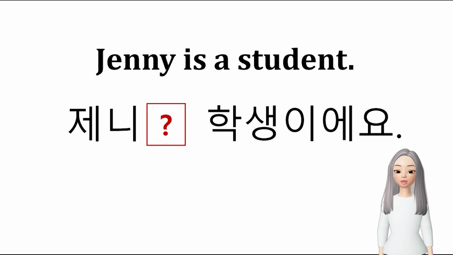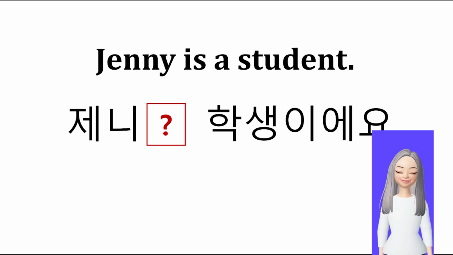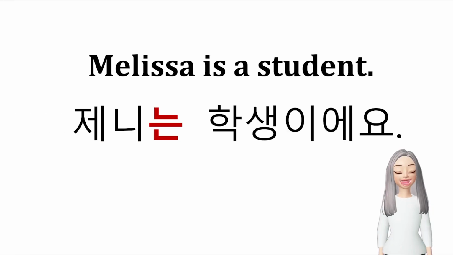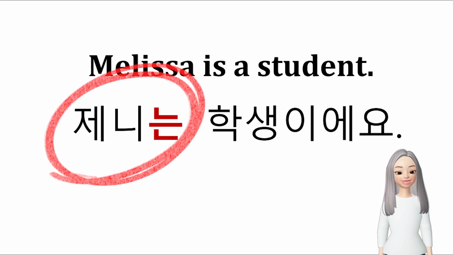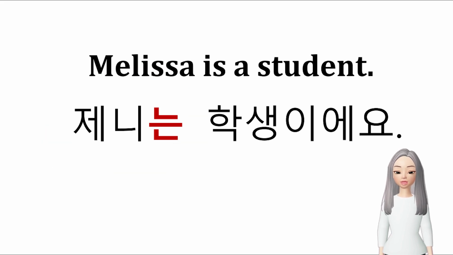The example is Jenny is a student. What should go in the blank? Yes, correct. Congrats to those who got it correct. 제니는 학생이에요. Because the 니 in Jenny doesn't have a 받침.